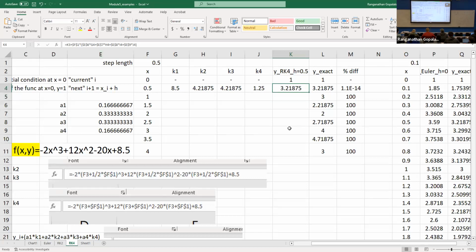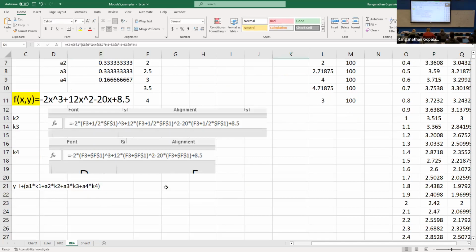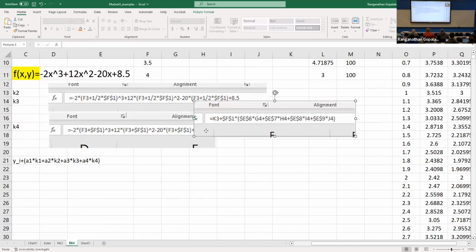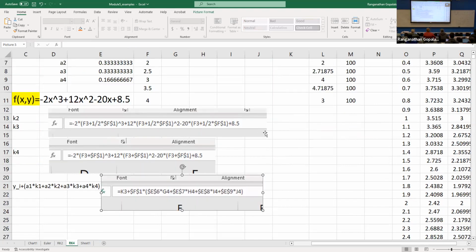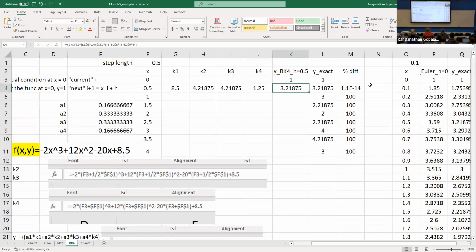Oh, look at that. So let me take the screenshot again. All right, thank you. So I missed the step length F1. So if I put that in, the value I would be getting is not 5.43, it's actually 3.21875, which is pretty much the value of the exact solution. yi plus 1 equal to 3.2188.